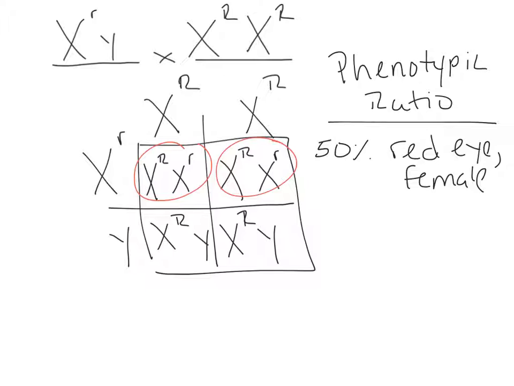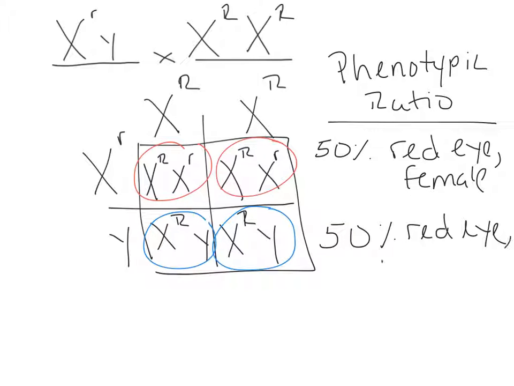In these other boxes down here, we have 2 males, and both of them are also red-eyed. So 50% red-eyed male. Be sure when you're doing these problems that you give me the full phenotype as well as the percentage or fraction.